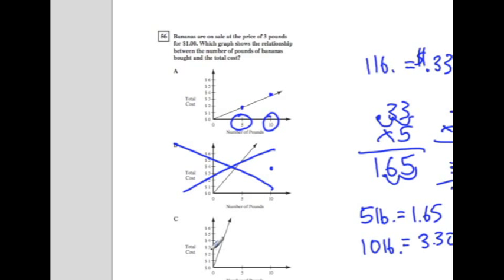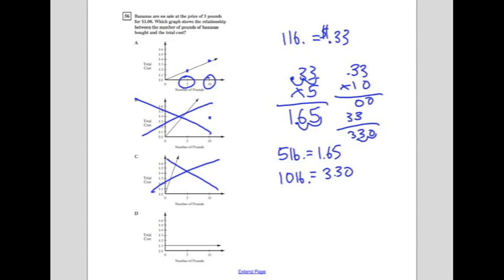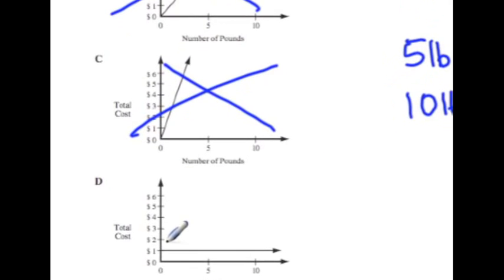C says 10 pounds is going to give you a lot more. It's even off the charts, so it's definitely not C. And last one, D, if you can see it down there, it's kind of small. Sorry about that. If you can see D, it says that the price of bananas is the same, $1, no matter how many pounds you're buying.